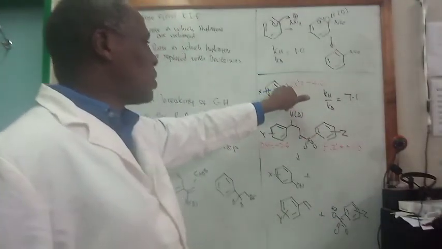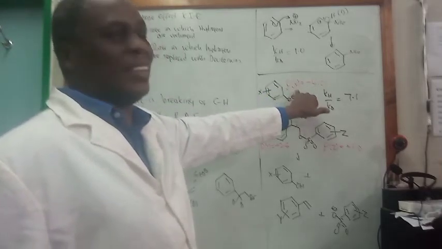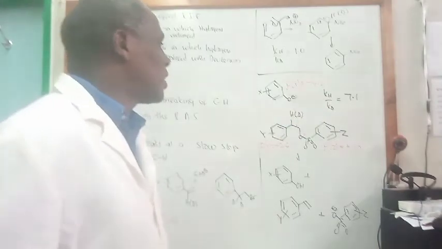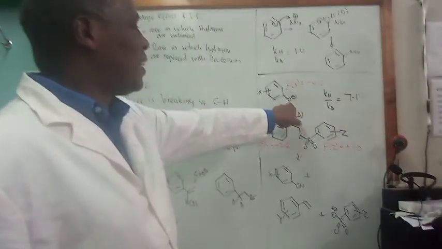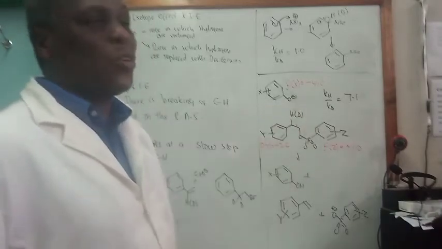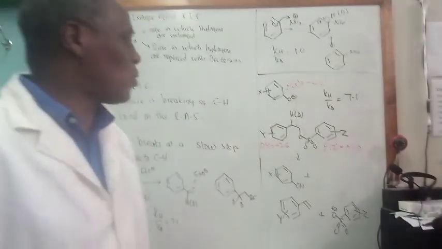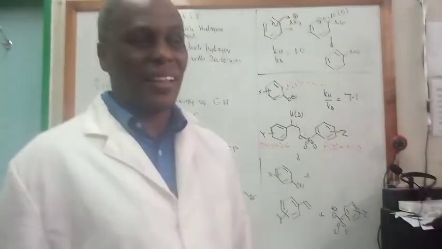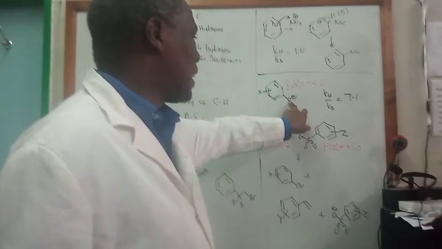If you're going to be plotting the curve for just this one only, you can see for it to be reacting, the phenoxide group is going to be having what? A decrease in the electron charge. It's going to be moving from a negative charge.